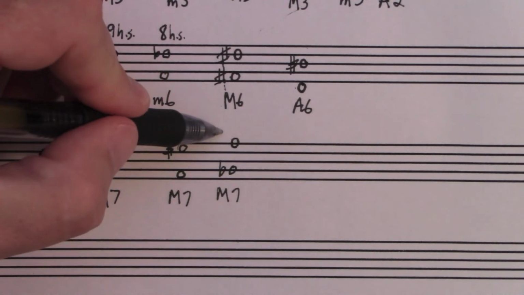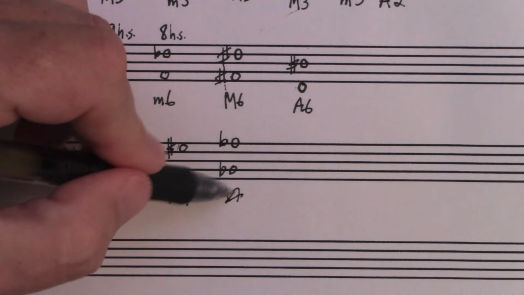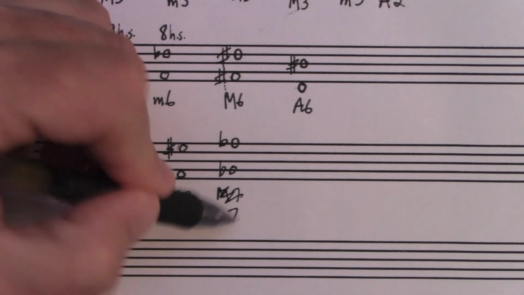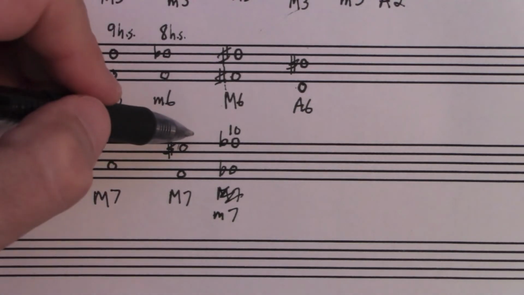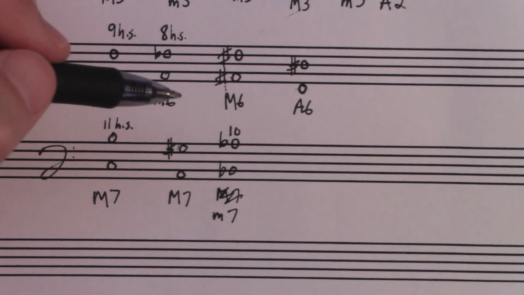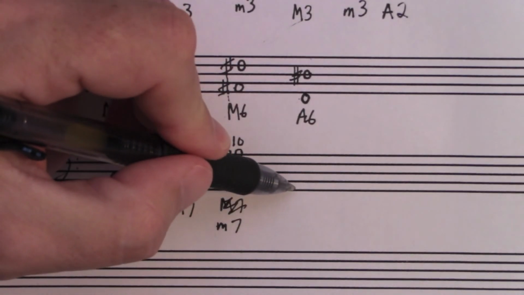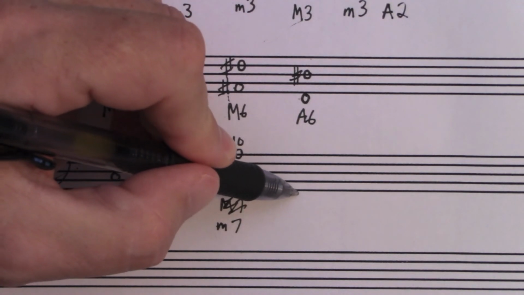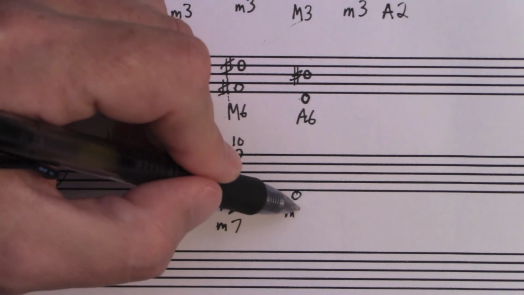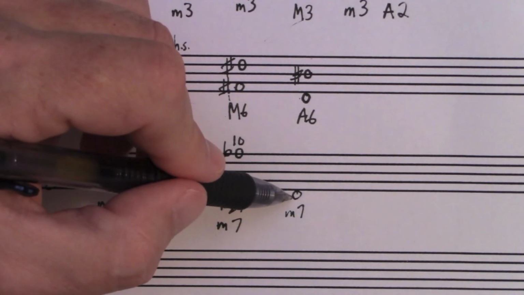So if we take away a half step, that becomes a minor 7th, which is 10 half steps. So let's do a minor 7th above F. What's your letter?